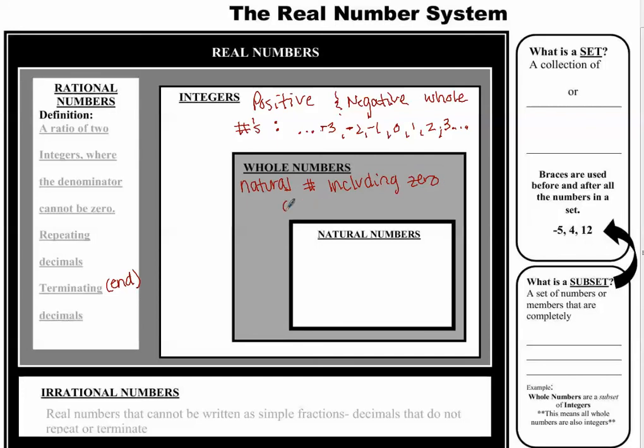So for example, 0, 1, 2, 3, 4, and so on and so forth, where your natural numbers are your whole numbers starting at 1. So for example, 1, 2, 3, 4, and so on and so forth. It's your counting numbers. It's what you can count.